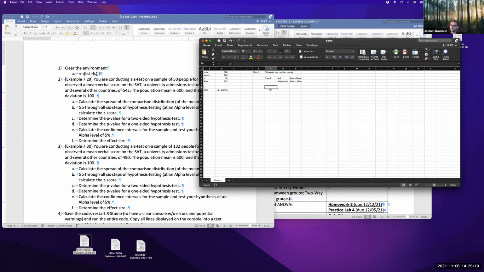So now step 3 is to determine an alpha level. So what is our alpha level? It's 5%, right? So step 3A is now to calculate the z-score, right?